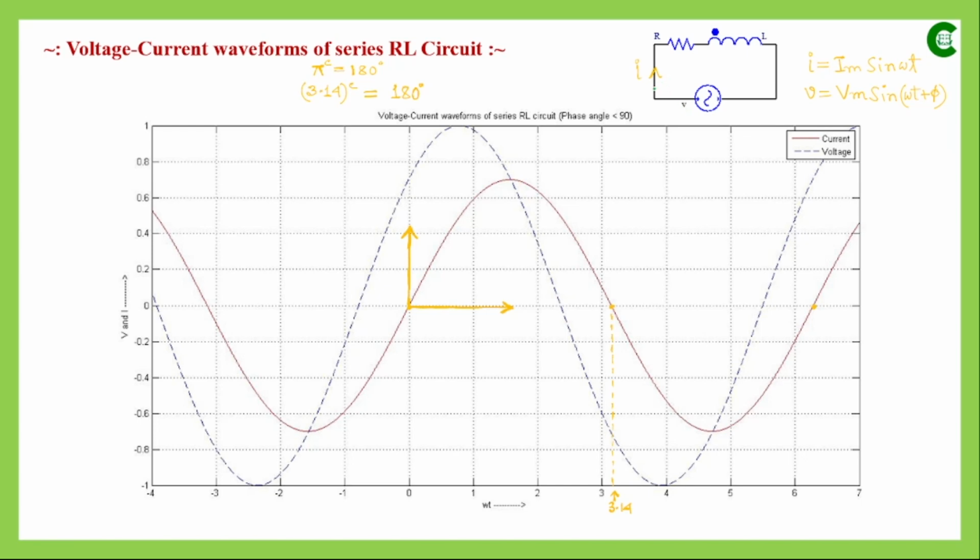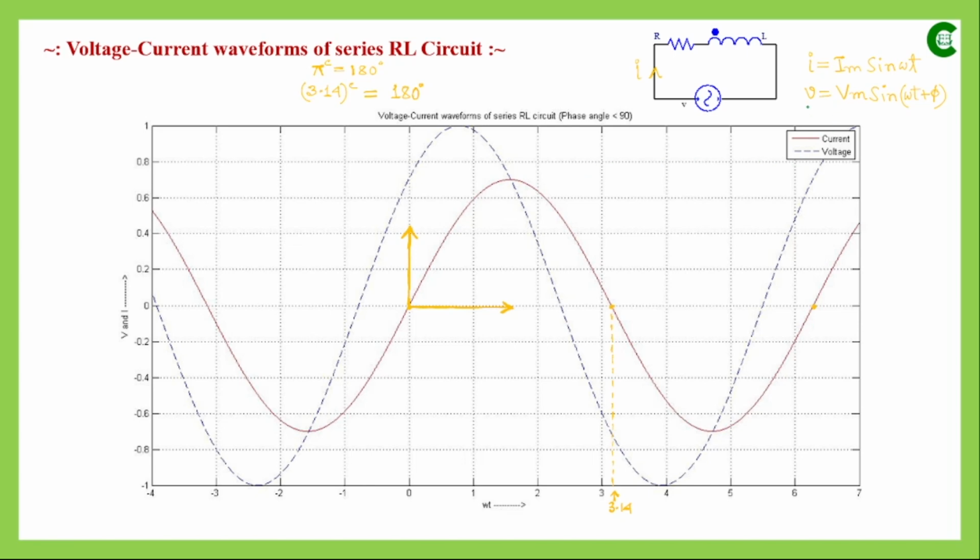Again we take current as reference, so I is equal to Im sine omega t. Though it is not a purely inductive circuit, it will still have some inductive property, and because of that the voltage again will lead the current. But here the phase difference will no more be 90 degree, rather it will be less than 90 degree.